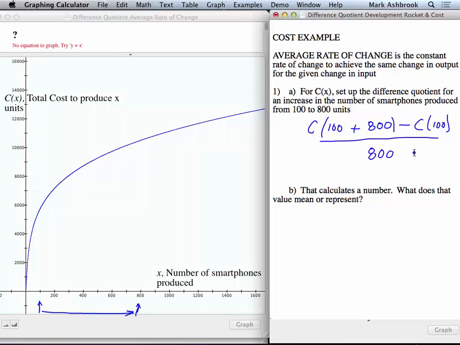So the question you're asking is, what's the starting number of smartphones? And what's the final number of smartphones? So do you want to change this to 700? So what should this be?